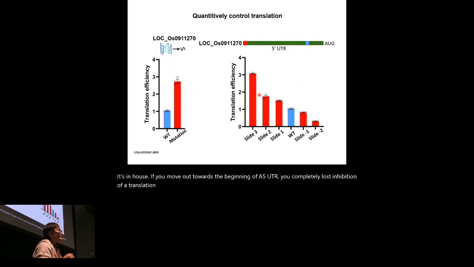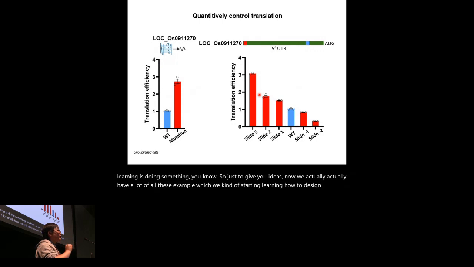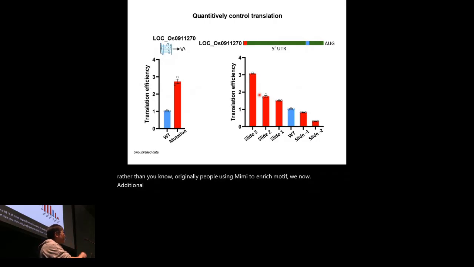So that's the moment I was really convinced this whole learning is doing something. Just to give you an idea, we now have a lot of examples, and we're starting to learn how to design the RNA. Originally people used MEME to enrich motifs; now we give additional information on where you put your motif, and then it will have its function.